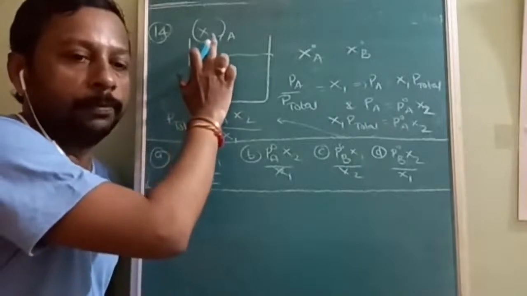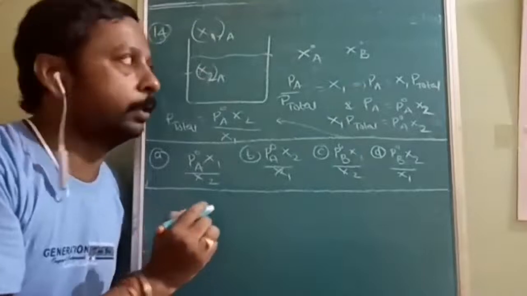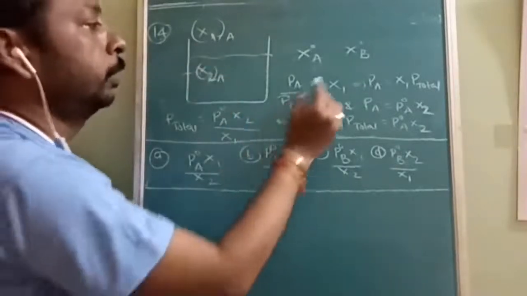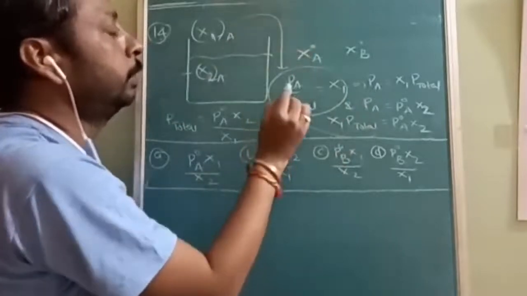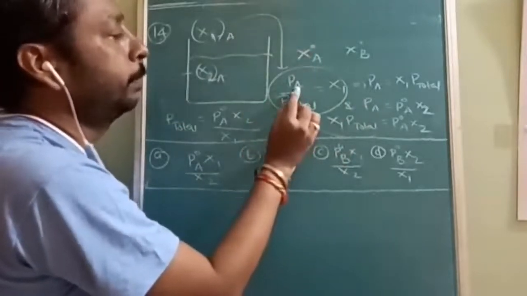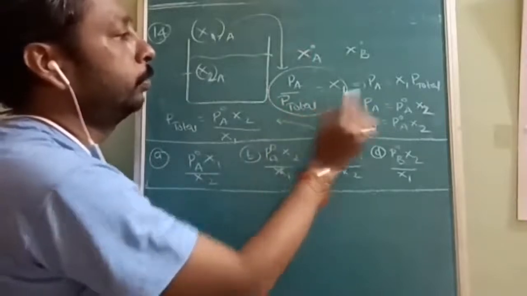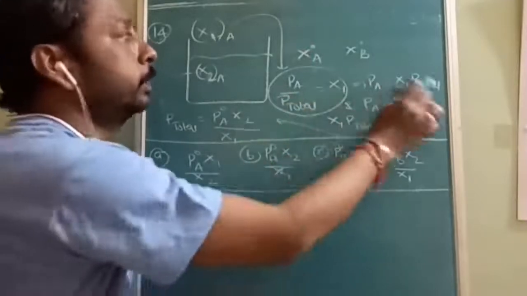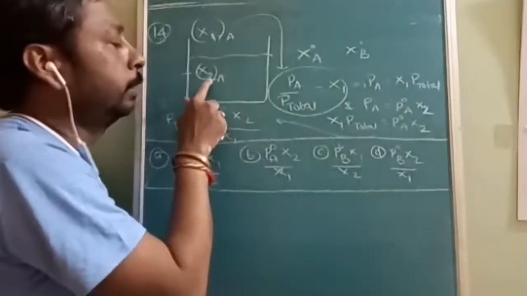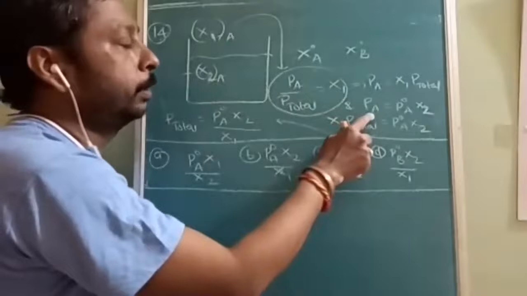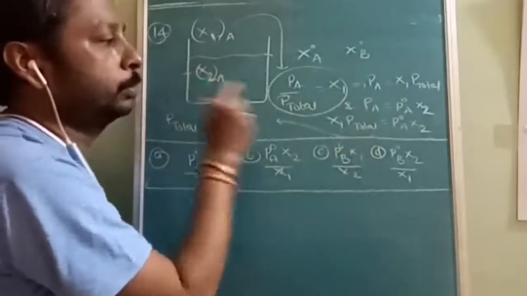For the mole fraction of A in vapor phase, you have to use Dalton's law. Dalton's law is applicable for the gaseous state, so PA, the pressure of A in vapor phase, is equal to X1 into P total. If I take Raoult's law, the same PA, with respect to Raoult's law, we have to take the solution part.